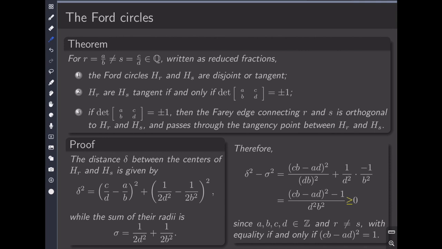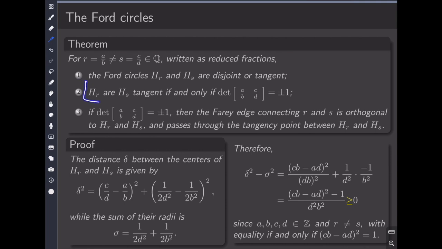If one was inside of the other, they would be two Ford circles based at the same rational, but we have associated only one Ford circle. So even this is true at the level of the disks, not only at the level of the circles. They are either disjoint or tangent, but they never cross. And then, as I said, there are no weird nests between them.